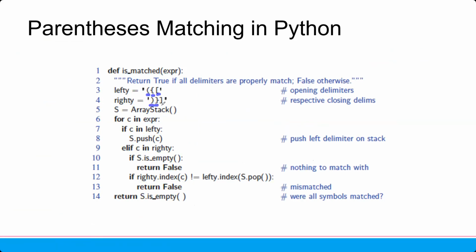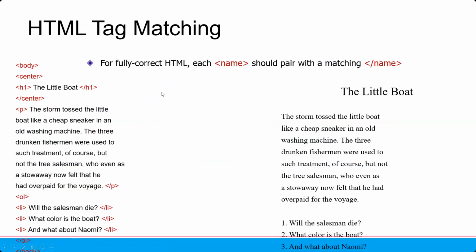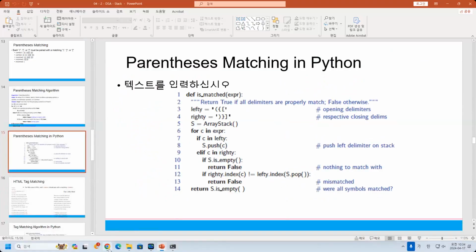This is index 2 and this is index 2. So every index should match between the lefty and the righty. So the righty index should be the same as the lefty index when we pop the data. So if it does not match, then return false. If it matches, then keep continuing until the end. So we will return true if S is empty. I think I give you the code.